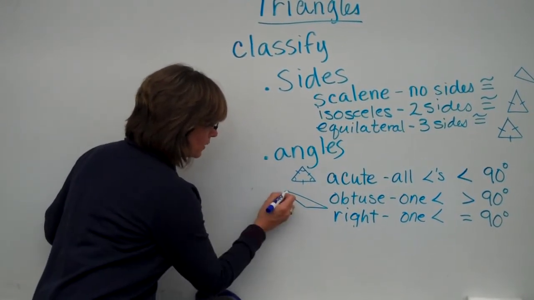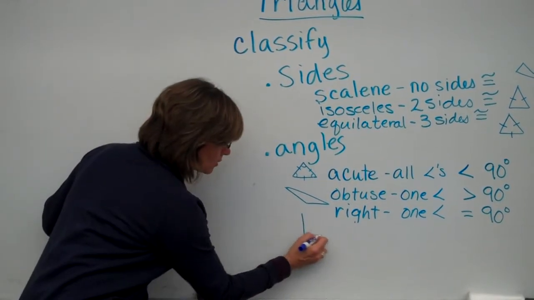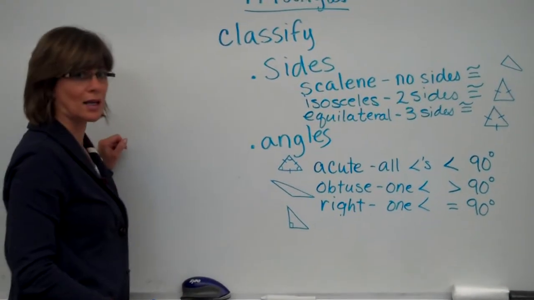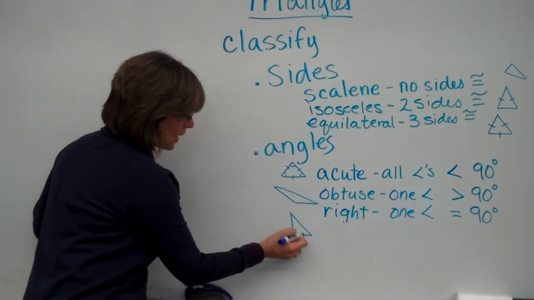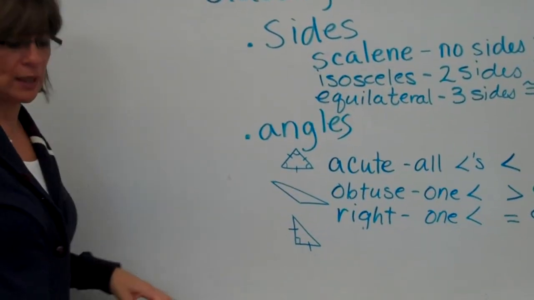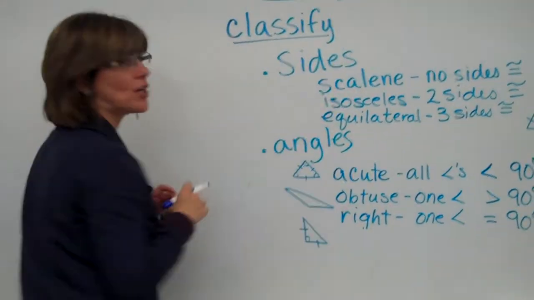So that would be this one, and that would be obtuse. A right triangle looks like this, and I know it's right because I'm going to put a box there. This side might be equal to that side. It could also be isosceles, but it doesn't have to be. All right, so that's how I classify triangles.